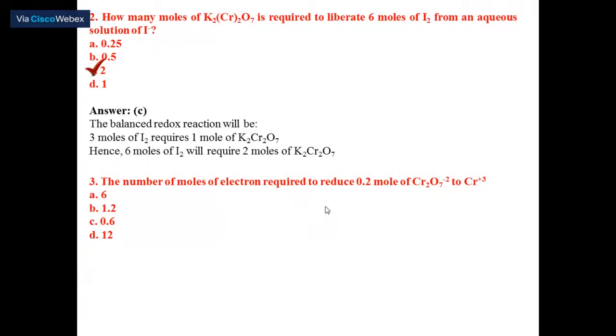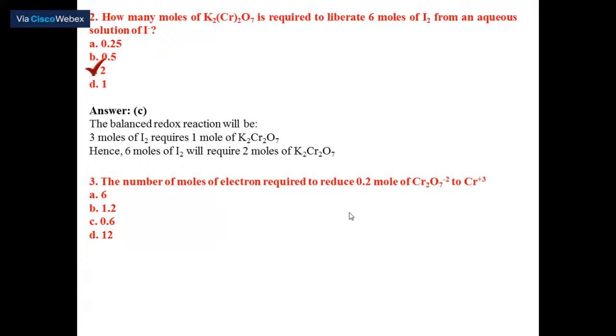This is a redox reaction; dichromate, a strong oxidizing agent, oxidizes other species, and itself undergoes reduction by accepting electrons. Let's see how many moles of electrons are involved in the reaction. The number of moles of electrons required to reduce 0.2 mole of Cr2O7 2- to Cr3+.